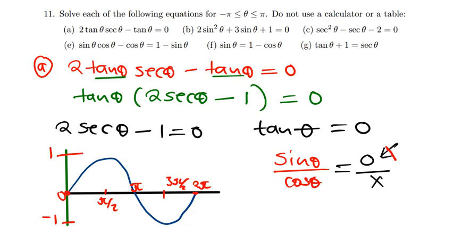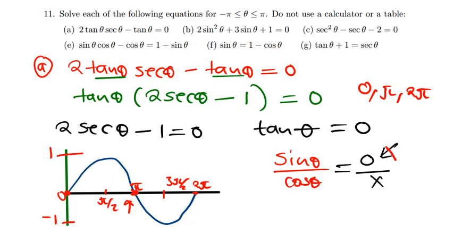It's at 0 to start with. The other point is at pi, and then also at 2 pi. That's why sine is 0. So expect tangent to be 0 as well at those 3 points: 0, pi, 2 pi.